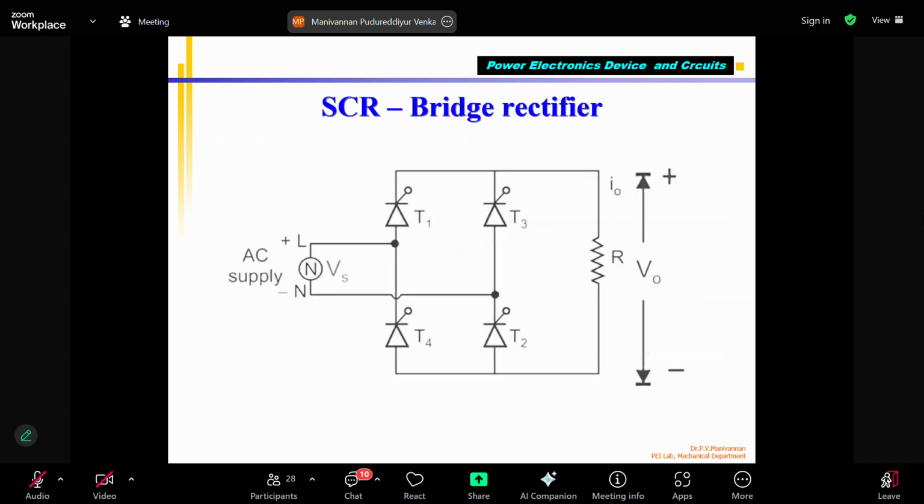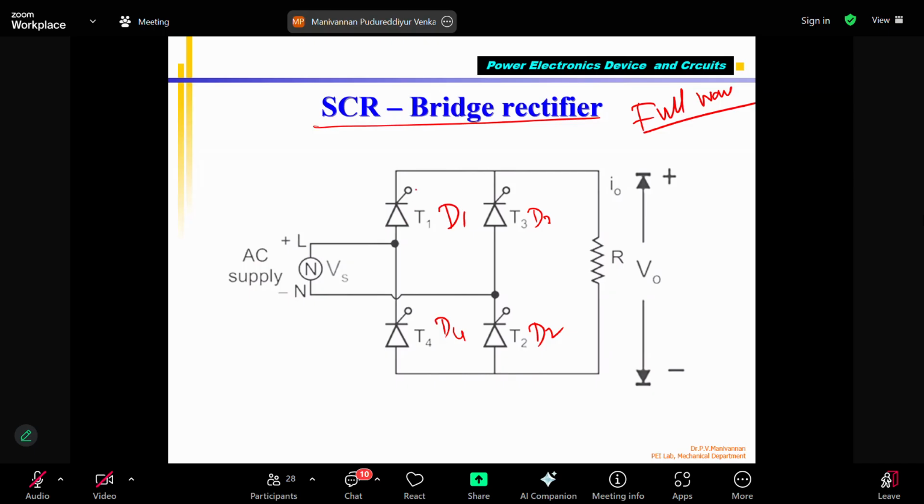Okay. Similar to the diode rectifier, this is an SCR bridge rectifier. This is called a full-wave rectifier. If I want to control both the positive and negative half cycles, I control the conduction angle by varying this. Instead of the diodes D1, D2, D4, D3 in the diode rectifier, what do I replace them with? Thyristors.